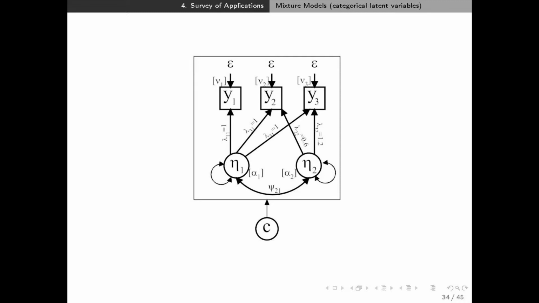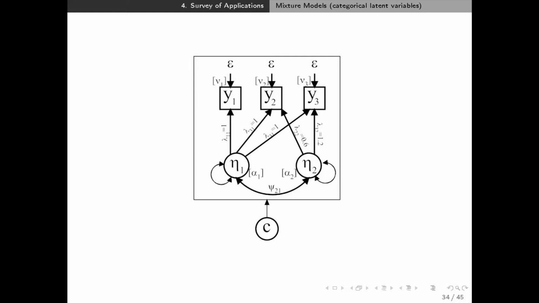And this is the way I like to draw those path diagrams for growth mixture models. I include a latent variable labeled C, so it's a categorical latent variable, and I've got an arrow pointing to a great big box that goes around the entire growth curve model inside, and that's meant to represent that we can allow membership in this unobserved latent class variable to be anything inside that model.